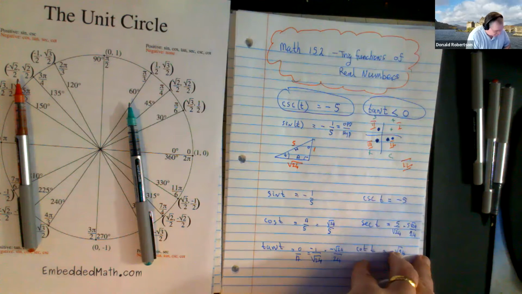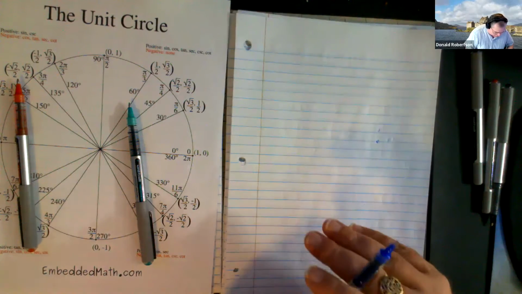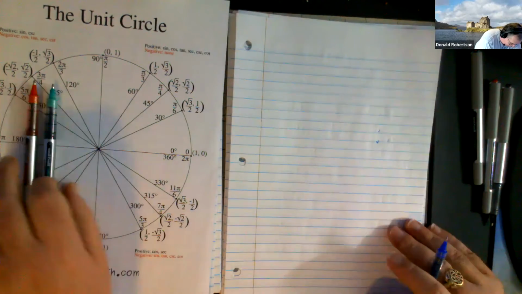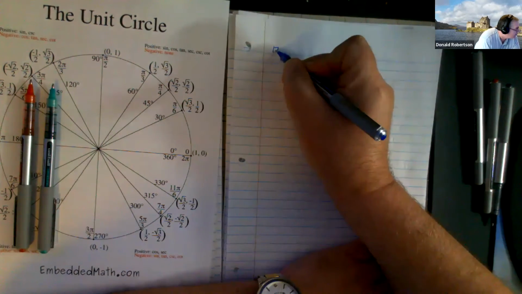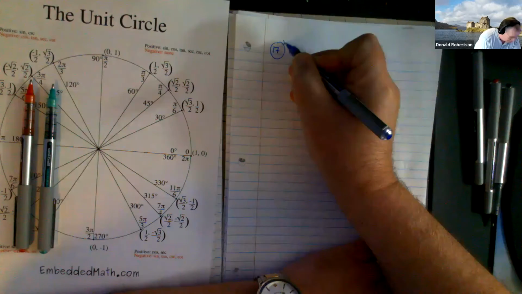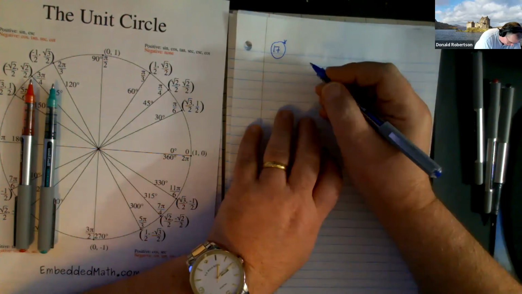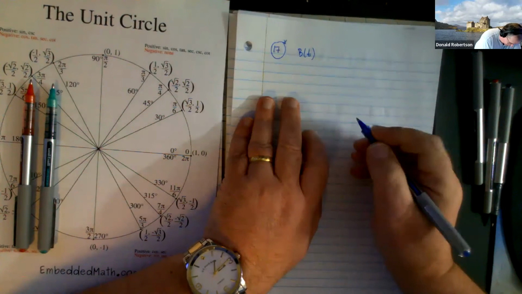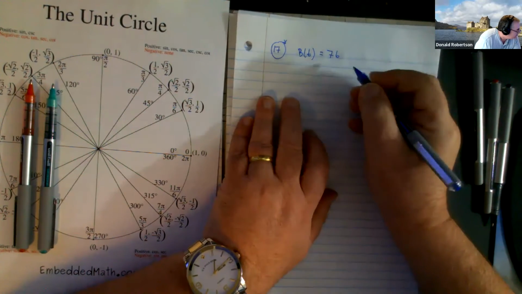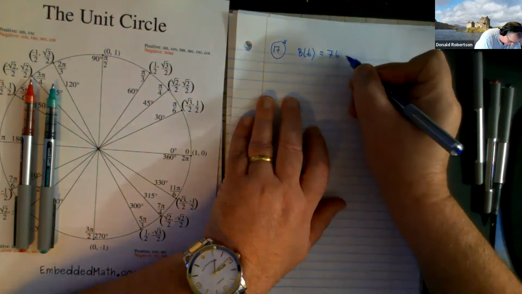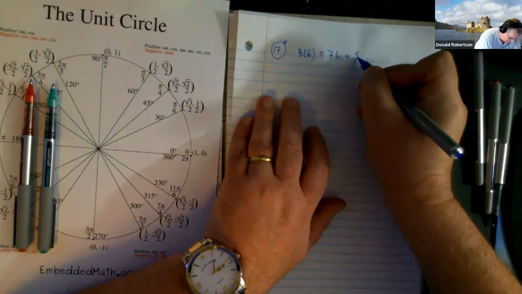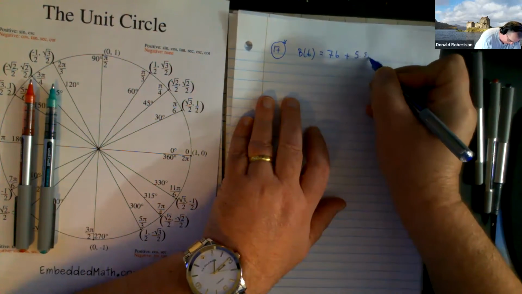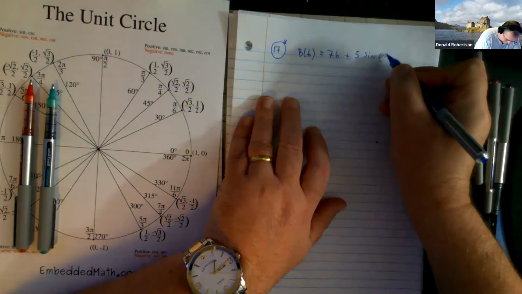So a couple of questions to finish with, and then this section is over with. This is a version of question 17. And it tells us that people's blood pressure varies throughout the day. T is time. And this particular person's blood pressure is 76 plus 5 times the sine of pi t over 6.